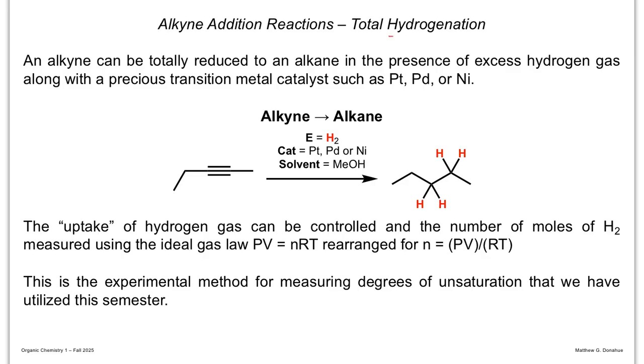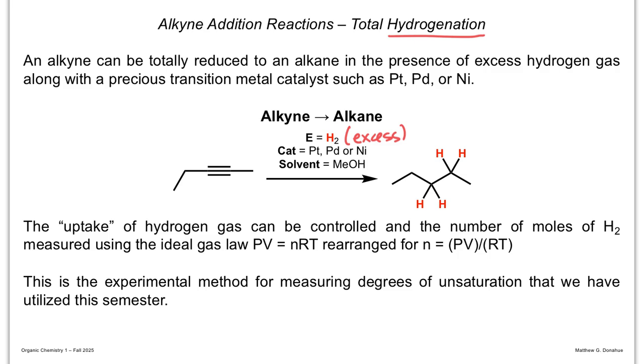So hydrogenation, and the first example is total hydrogenation. So the alkyne is being completely reduced to the alkane. And that's going to require at least 2 molar equivalents of H2 gas. So typically in excess.